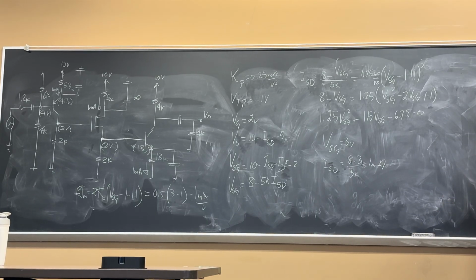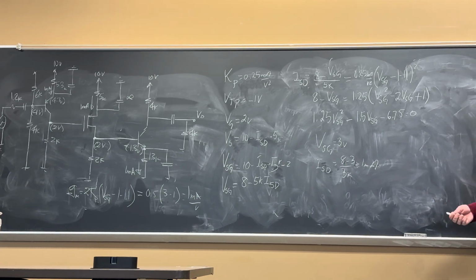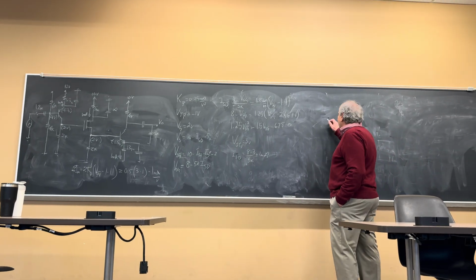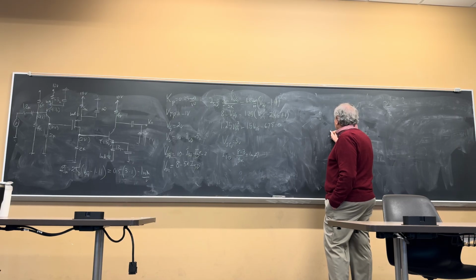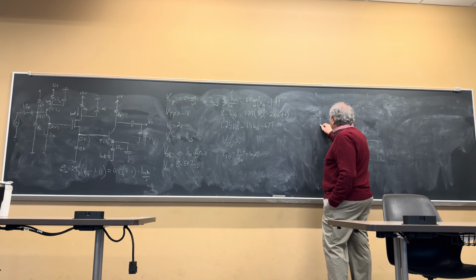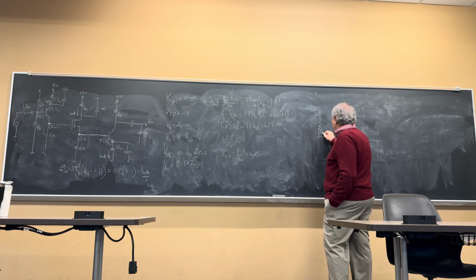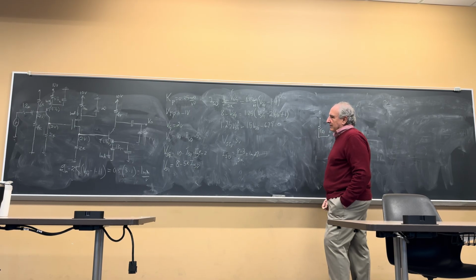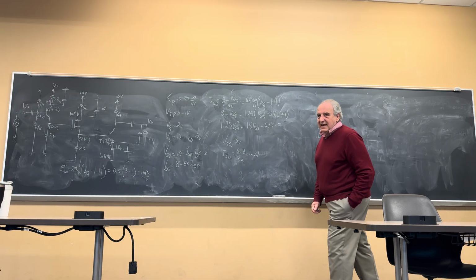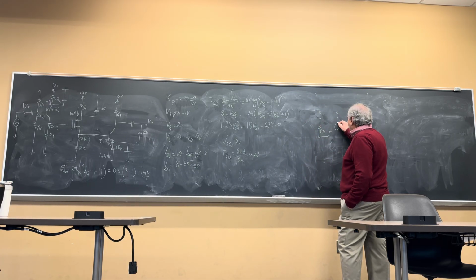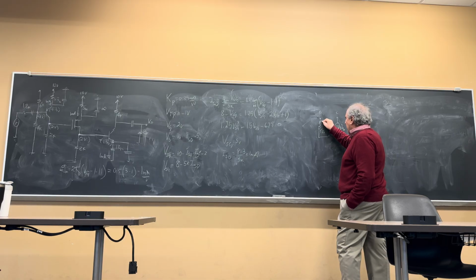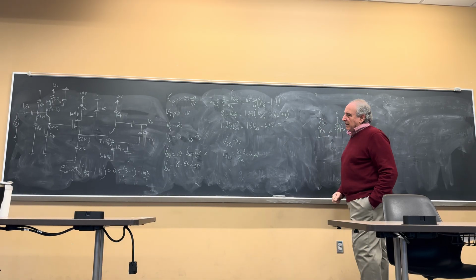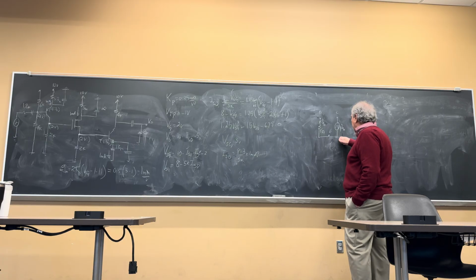All right, let's draw the small signal. If you can draw the small signal, you're in business. Base, collector, emitter. Let's make some decisions now. From base to emitter, we have R pi 1. This is a PNP. The current goes up, beta IB. And the emitter is sitting where?